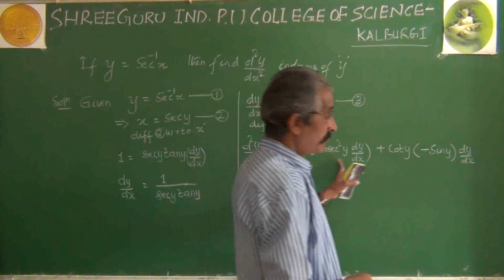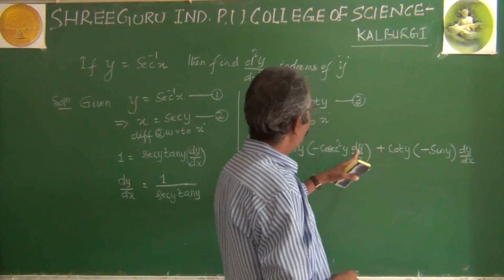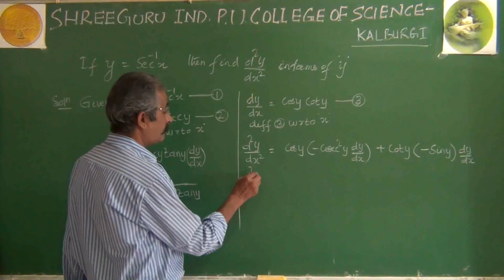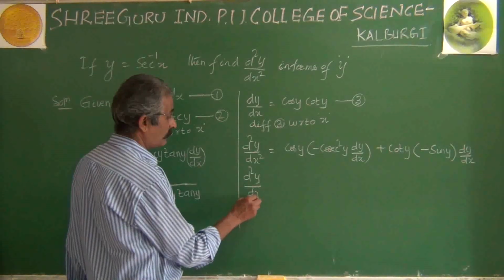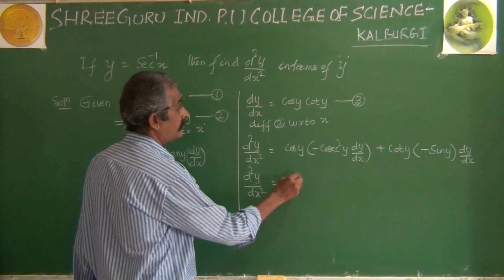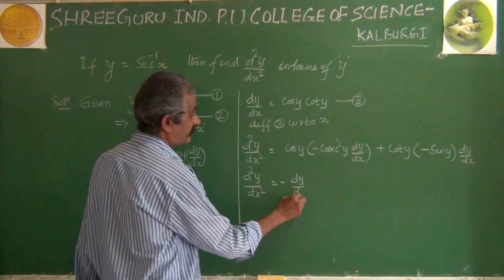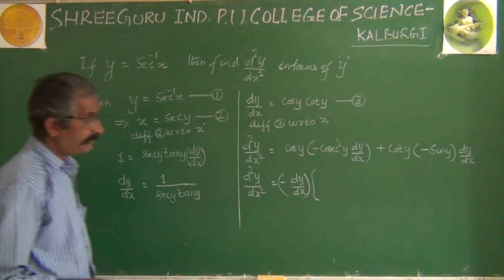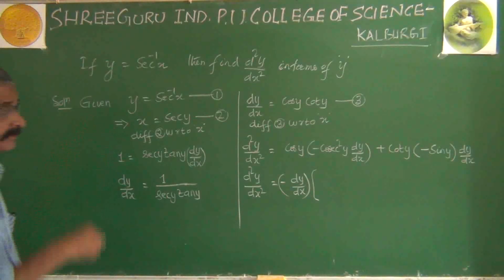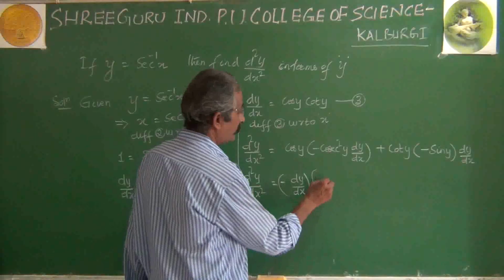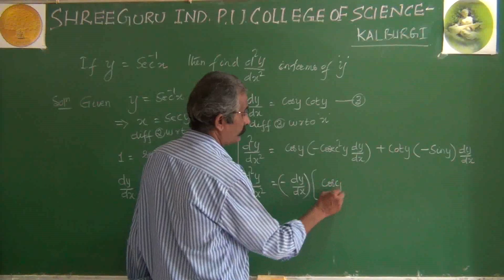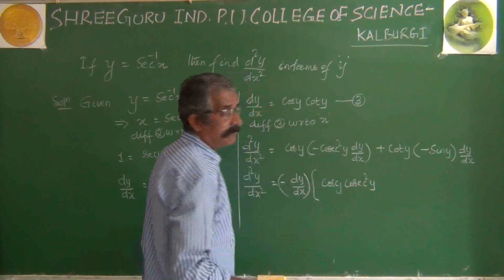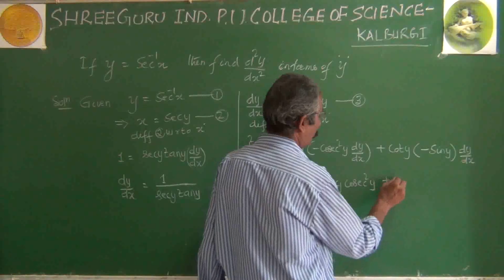Now minus is common and dy by dx is also common, hence d2y by dx2 equals minus of dy by dx into the bracket. Keep in mind, we took the common minus of dy by dx from the complete right-hand side. What is left over is cos y cosec square y plus sin y into cot y.